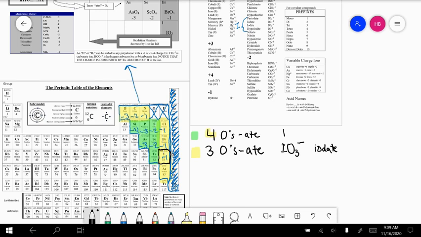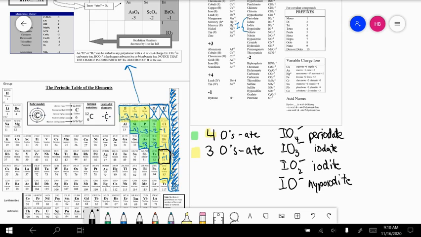Give him 1 more oxygen, and he becomes per-iodate. 1 less oxygen than ATE, he becomes iodite. And 2 less oxygens, he becomes hypoiodite.